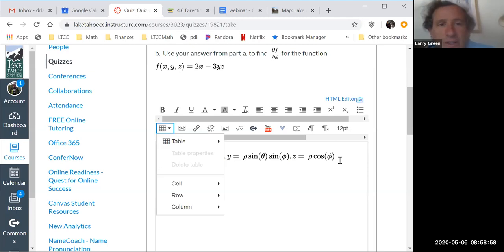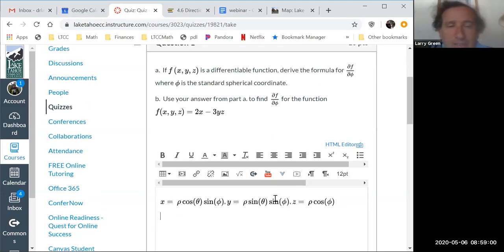Okay, so the chain rule, again, we have f of x, y, z. We've got to make this happen. So let's work this out.